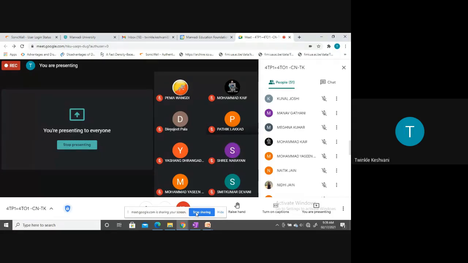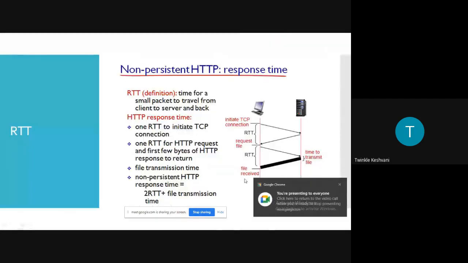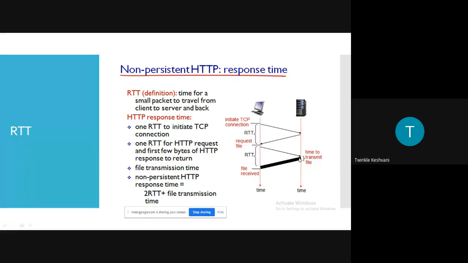Whatever the time that any user requires to put the packet on the transmission link, that is referred to as a transmission delay. So as you can see on the diagram, the server requires this much amount of time to put the data packet on the transmission link. So here this will be the transmission delay, right?